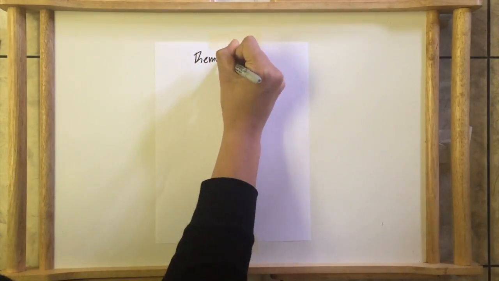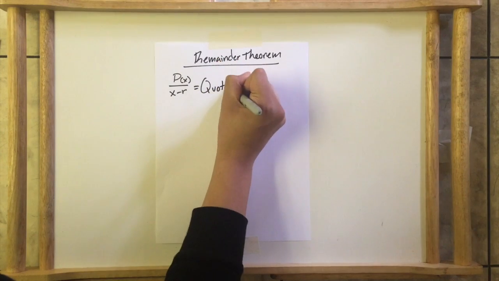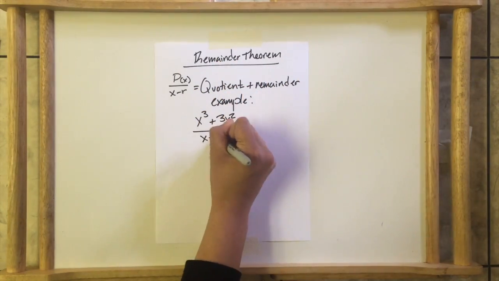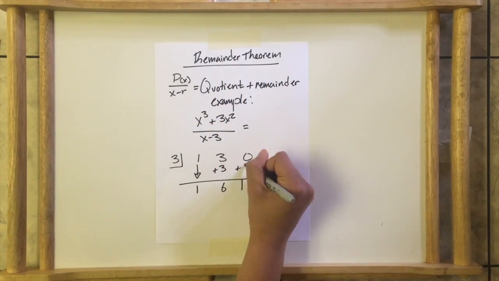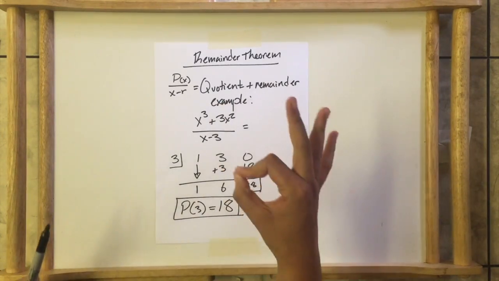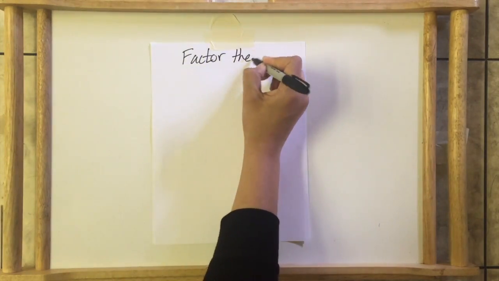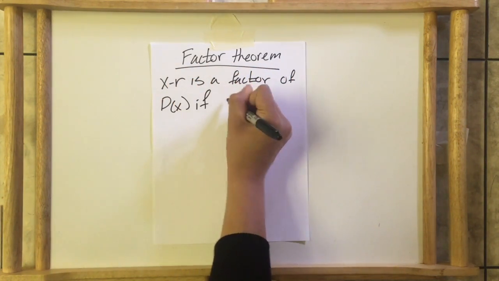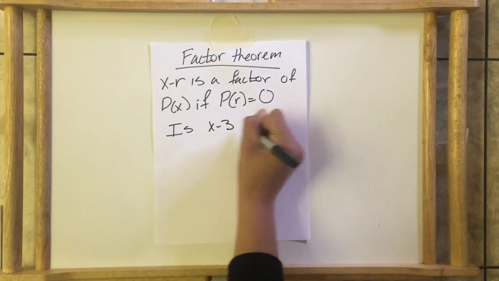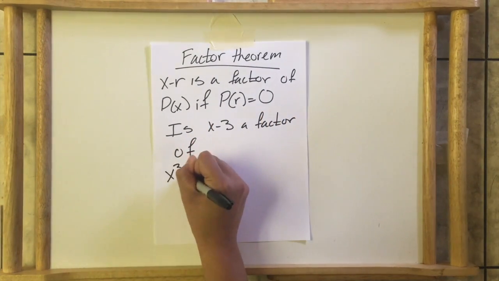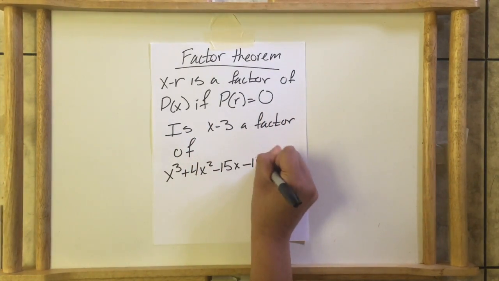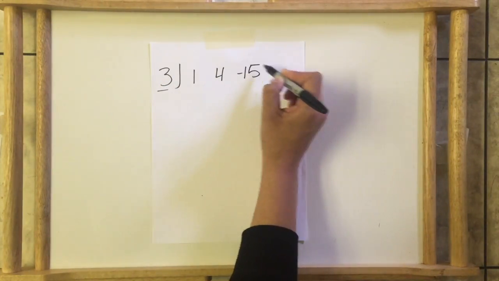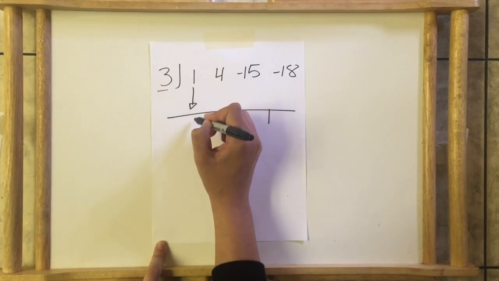When working with polynomials, there are a few theorems you need to keep in mind. Abby will go over the remainder theorem and the factor theorem. If you notice, in both of the theorems, you're still using synthetic division.